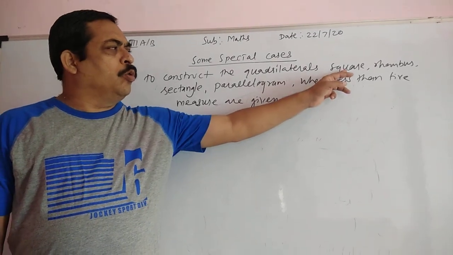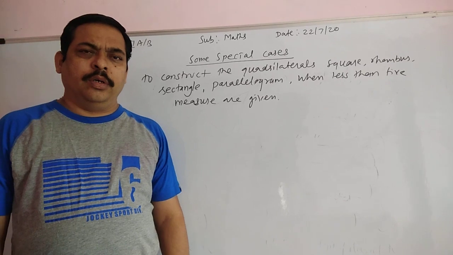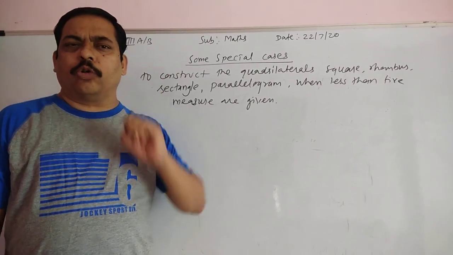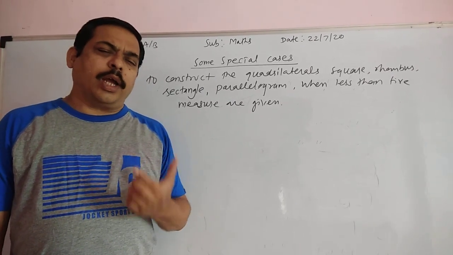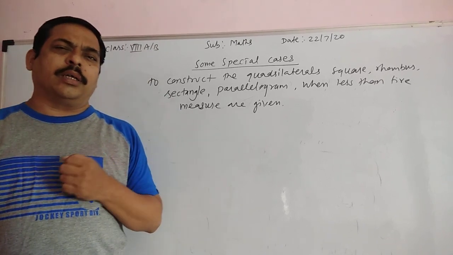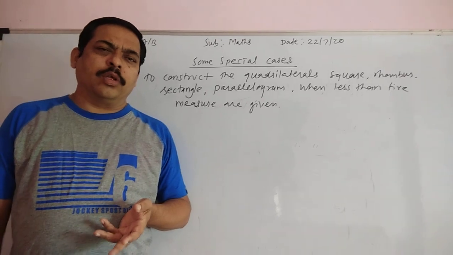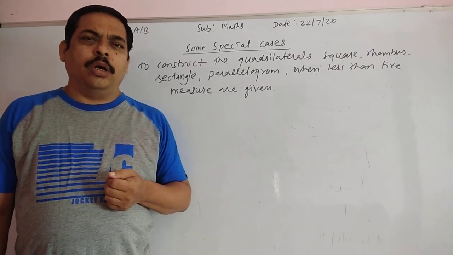Suppose we have to draw the square and they have given only one side. We must use the properties of square to draw that square. If one side is given, then we must know the property of square regarding the side. All the sides of a square are equal. Suppose one side is given as 4, then the remaining 3 sides are also 4.